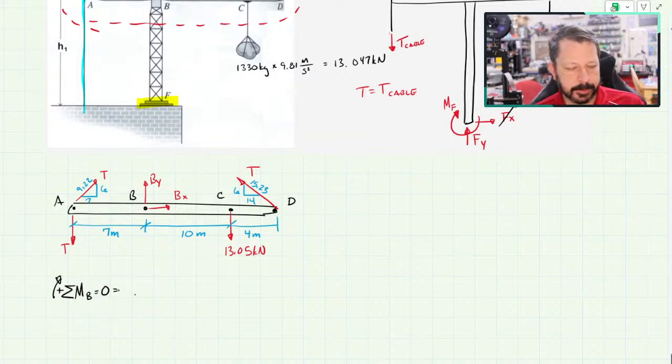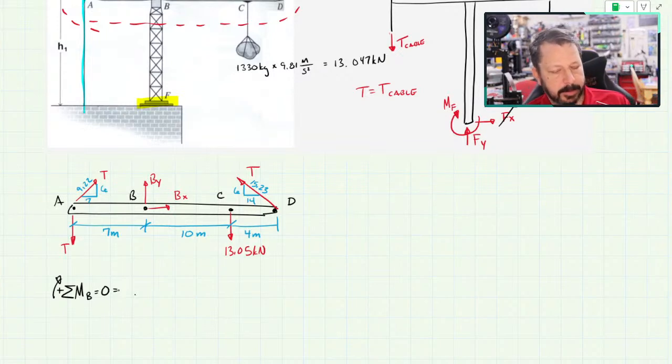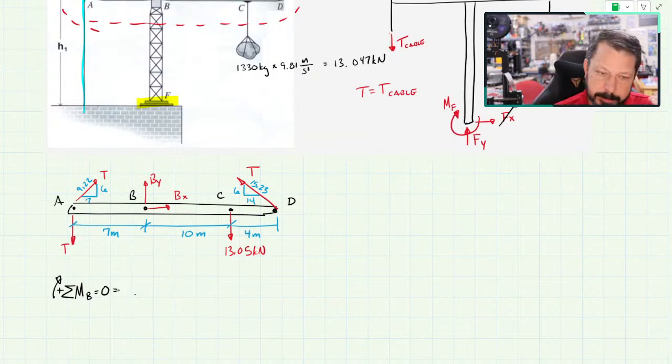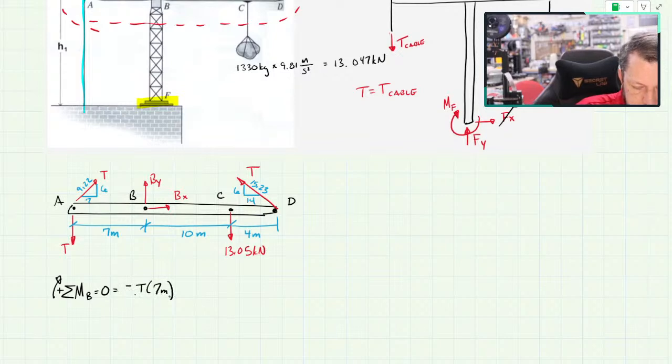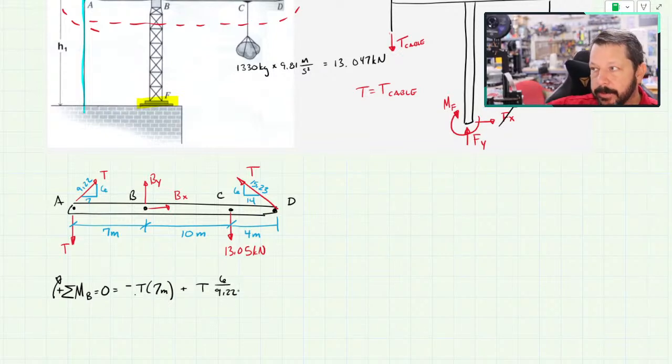All right. So doing summation of moments about B. I'm going to start at A and work my way to D. So the T that's pointing straight down: minus T times 7 meters. That one's pretty easy. The T that's at a 6 over 7 angle, plus T, I only want the Y component, so that would be 6 over 9.22. Or if you had calculated the angle, then depending on what angle you had, you could do the sine or cosine.